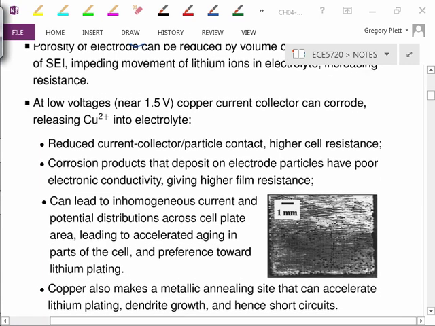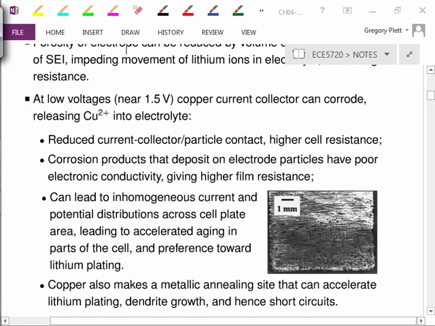And another thing that could happen is if I over discharge a battery cell, I can achieve low voltages of this cell, which turns out to be a high voltage of the negative electrode, near about 1.5 volts at the cell level, where the copper current collector can corrode.